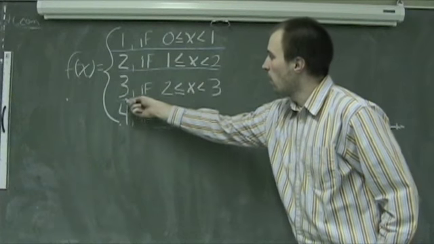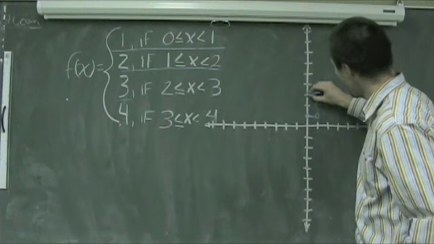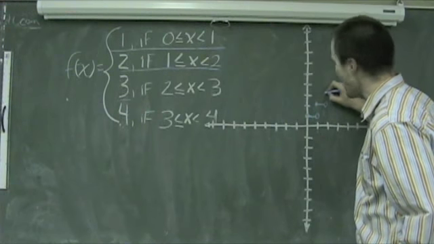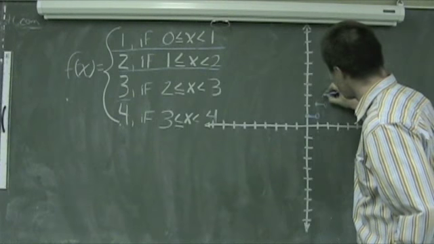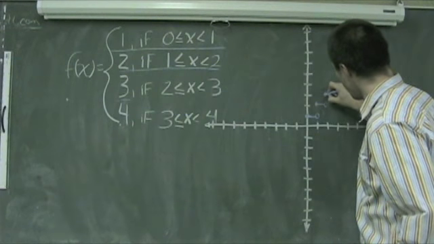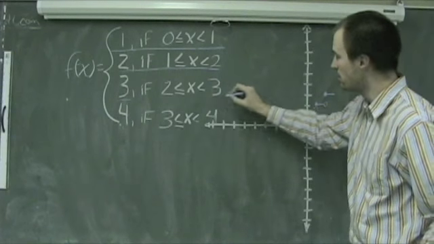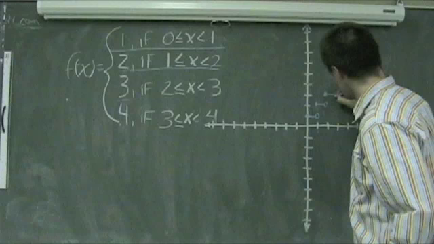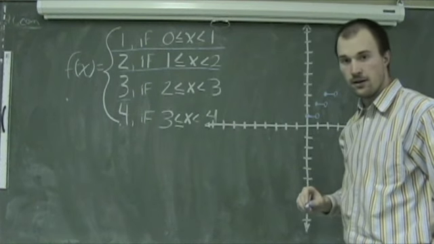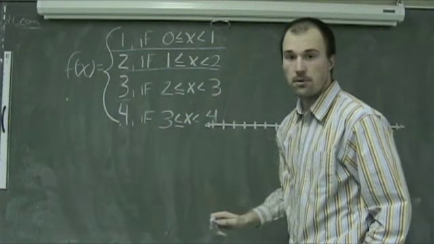From there, our value jumps up to 3 on the f of x value. At 2, we're going to have a closed dot here, and it will be this value of 3 until x is at 3, when we have an open dot here. At 3 now, our y value jumps up to 4.